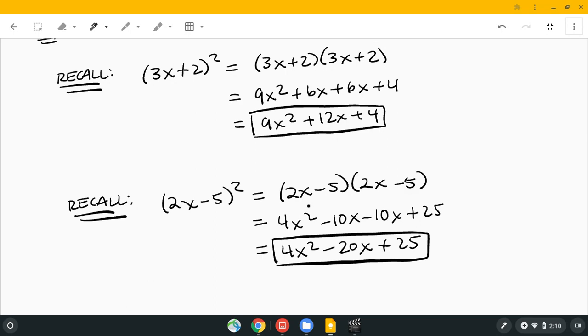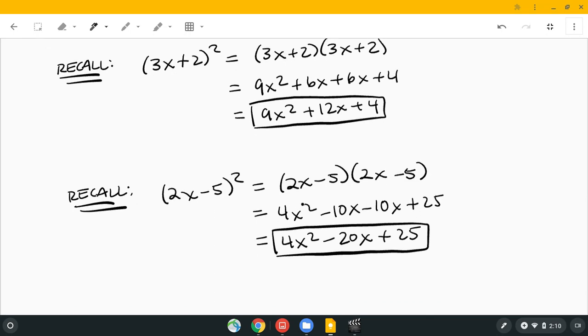So what's happening here is, if we notice, the two terms in the middle seem to be the same, right? 6x and 6x, negative 10x and negative 10x. Okay, so that's one pattern that stands out.